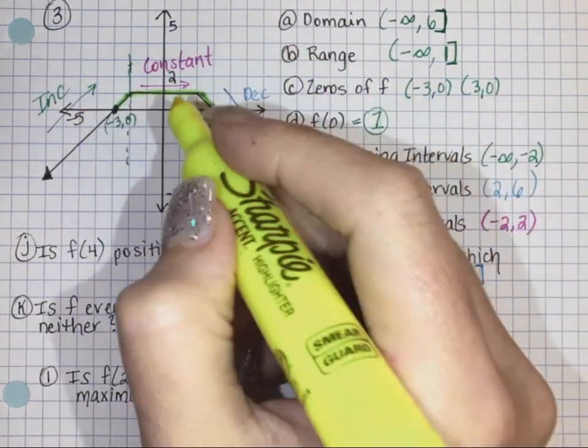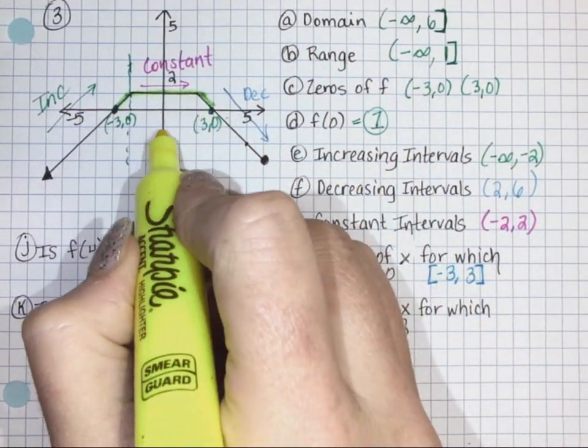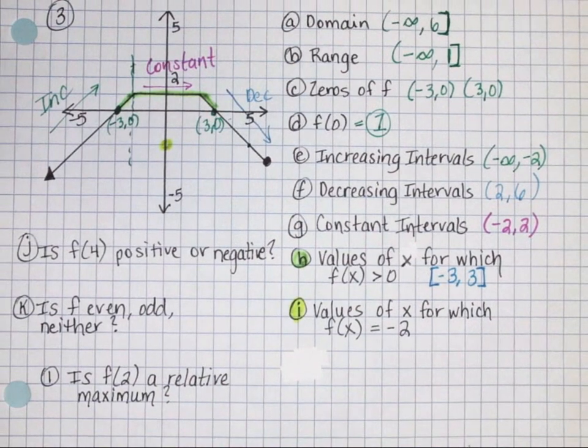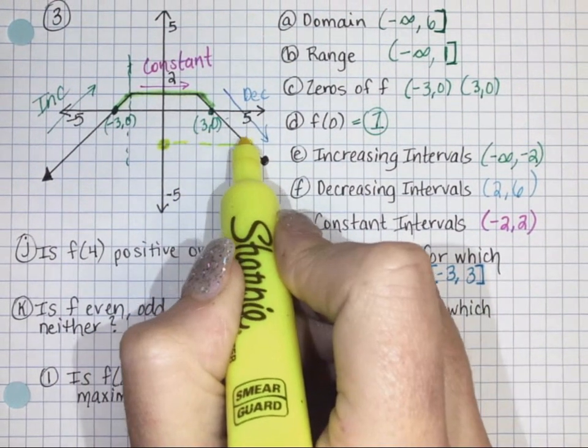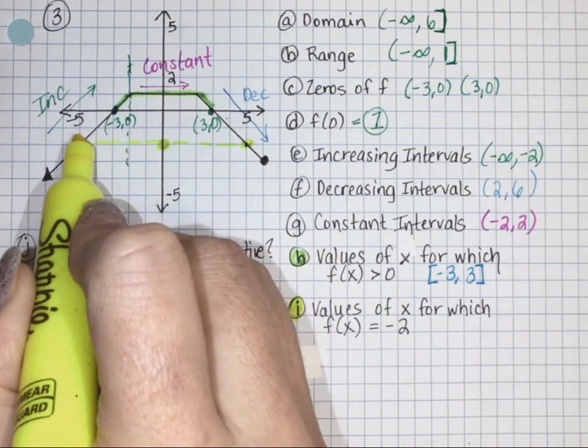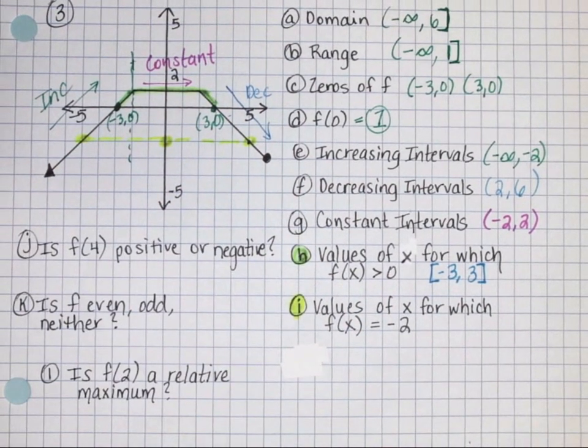But I want you to notice something. So here we're at negative 2. But you actually have two parts of your graph, here and here, that would have a y value of 2.